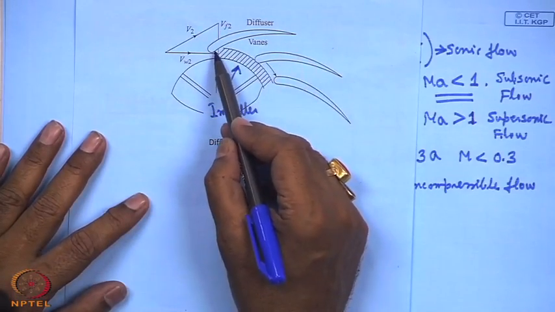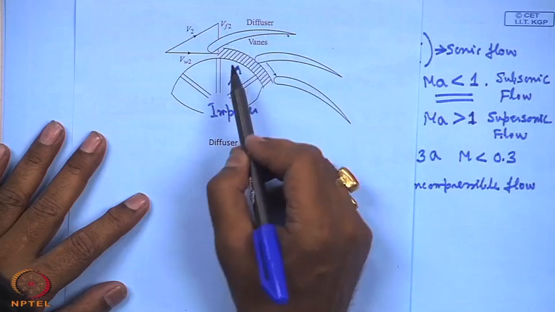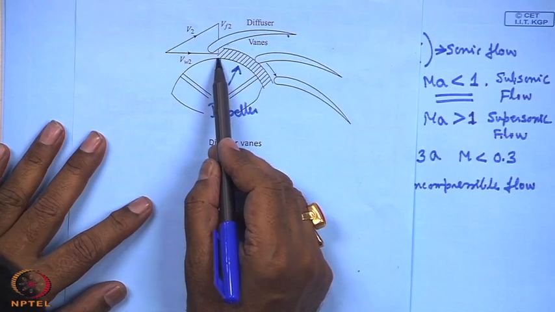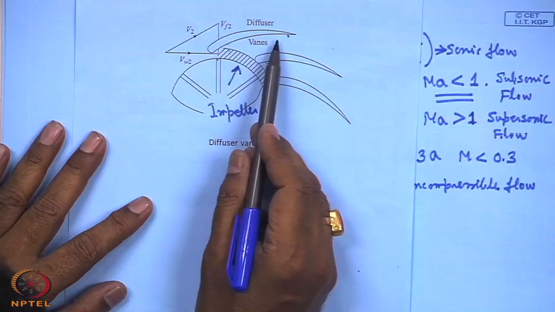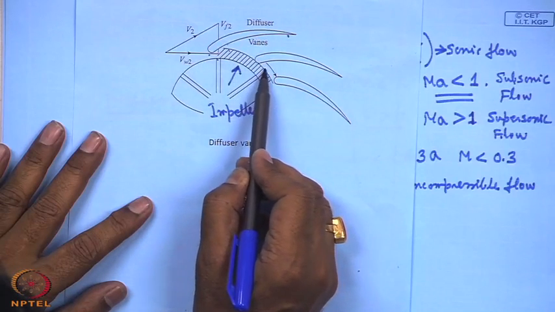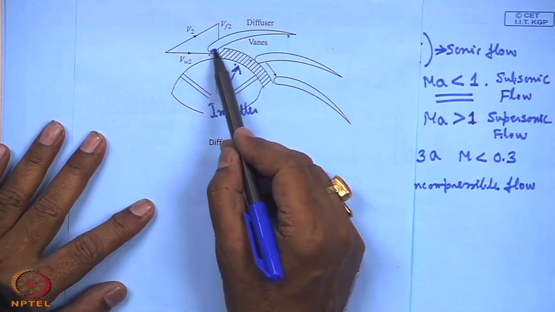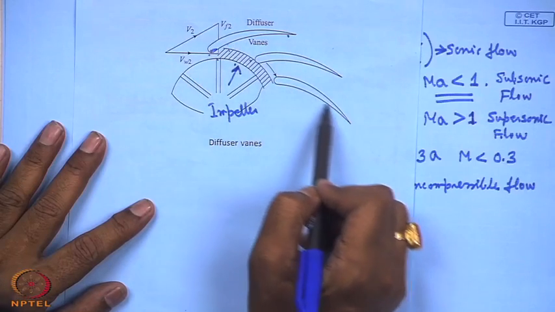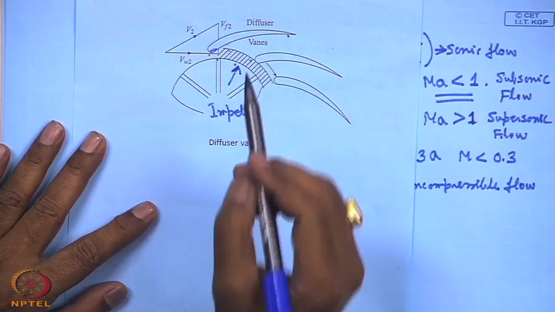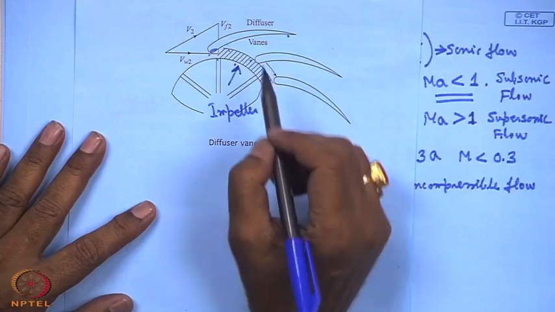So, this diffuser is like this. First of all, there is a vaneless space. First of all, there are no vanes. So, it is a vaneless space where the diffusion takes place partly, and after that there are a number of vanes which make the final diffuser. Now, why are the number of vanes made?